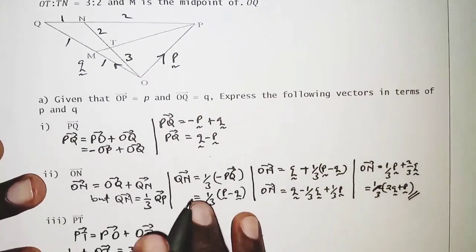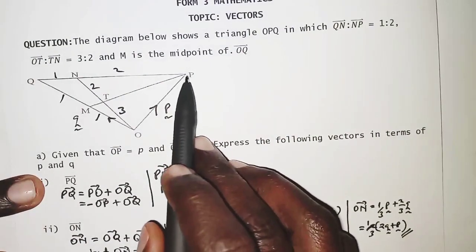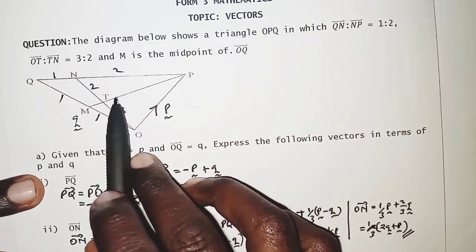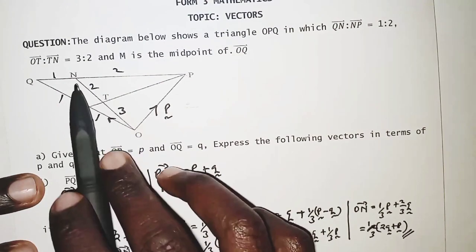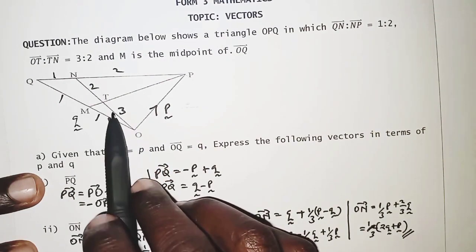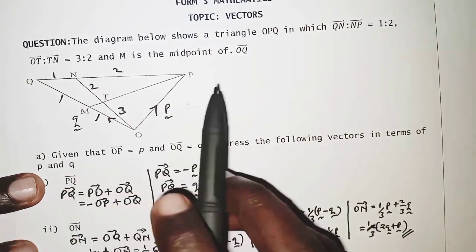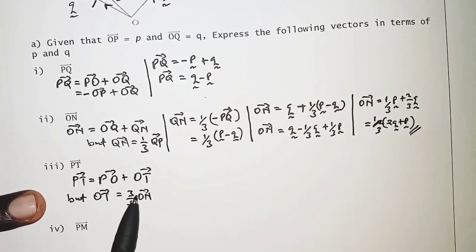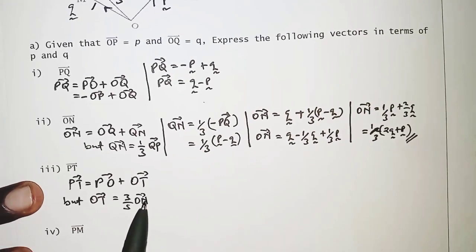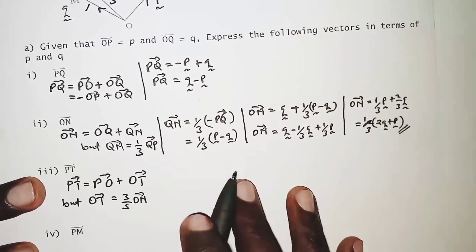OT is simply a fraction of the whole of ON. So that is 3 over the whole, which is 5, of ON. So we have 3 over 5 of ON. But fortunately, ON we had gotten right here.